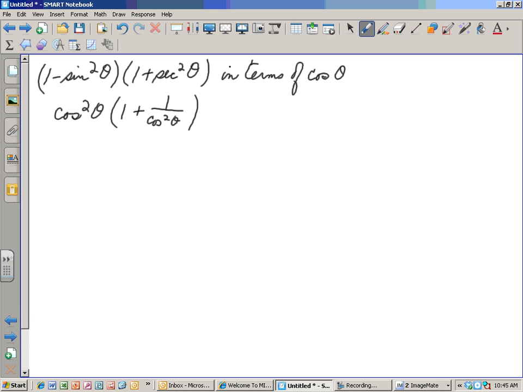Now I'm going to use my algebra skills, and I'll distribute. Cosine squared times 1 is cosine squared theta. Cosine squared times 1 over cosine squared is 1. That's it. So I've taken the original problem and turned it right in terms of cosine.